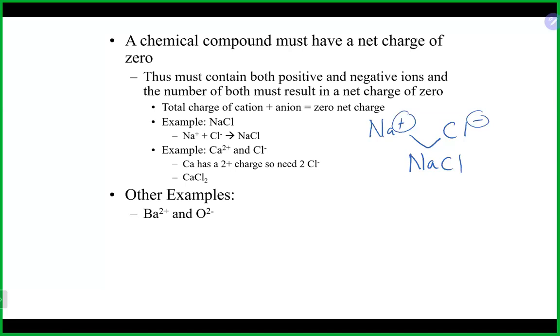Now, when we write a formula for an ionic compound, it should never have a charge. So when you take a positive guy and a negative guy and put them together like I did in the box, it should not have a charge. But you should remember that because it's an ionic compound, it is made up of two things that do have charges, but it should not have an overall charge.